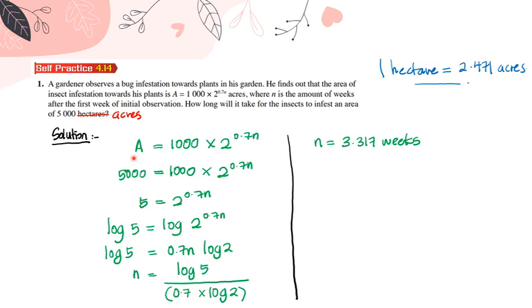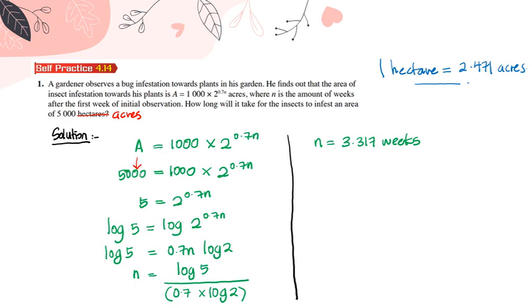Okay, to solve this, first we write the equation function, which is A is equal to 1000 times 2 to the power of 0.7n. Then we substitute 5000 into the value of A. So 5000 is equal to 1000 times 2 to the power of 0.7n.